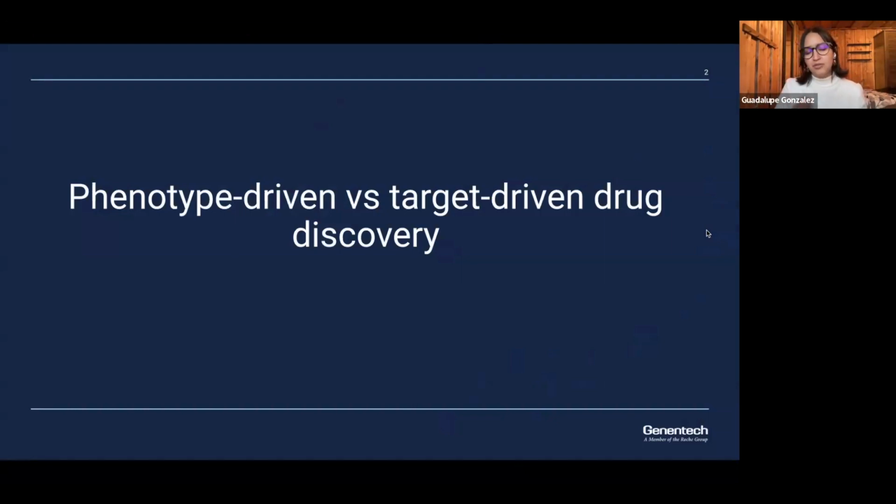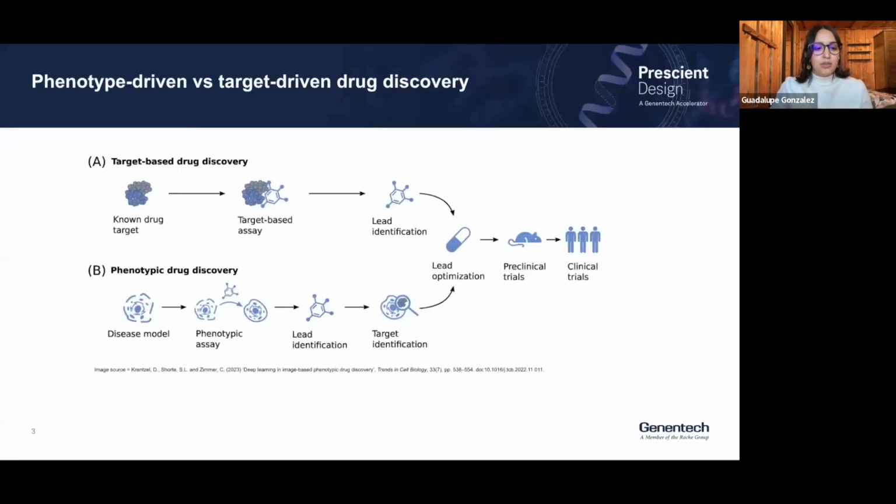First, I wanted to give a brief introduction, a couple slides, into the difference between phenotype-driven versus target-driven drug discovery, to see what the context is for our project. So there's two major approaches to lead discovery. Target-driven drug discovery is based on having a specific drug target. Usually this is a protein that we know is involved in disease, and we're trying to develop a specific small or large molecule that would perhaps bind to it and exert a specific effect.